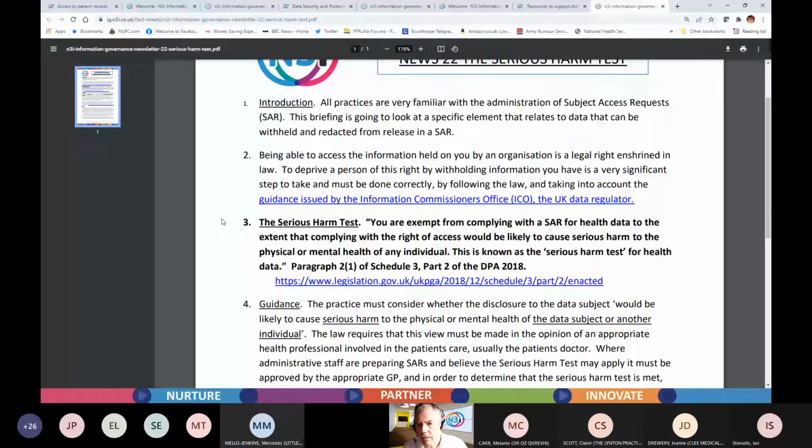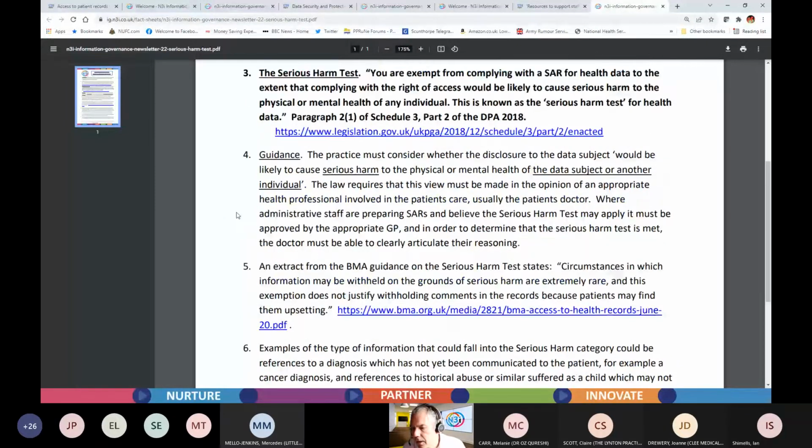And the guidance here says, the data subject or any other individual, that view, that redaction view in terms of the legal bit, in terms of a subject access request, has to be taken by a health professional involved in the patient's care, which is slightly different to the online access.